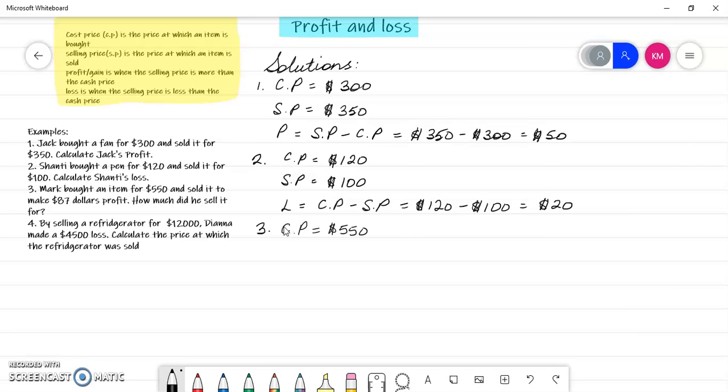My profit, this time they told me my profit, so I'm going to write profit is $87. And we are asked to find the selling price.